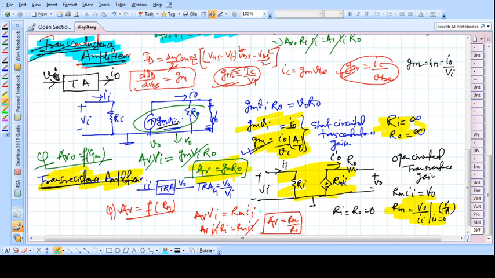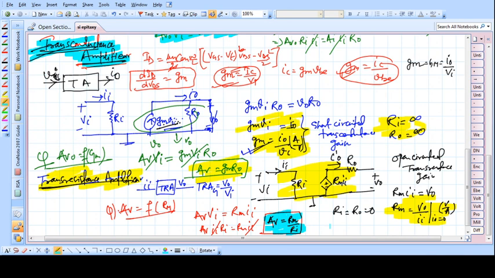This is very simple, you have to just practice it. We have already covered the voltage amplifier, current amplifier, transconductance and trans resistance. In the transconductance amplifier we have to remember Ic equals Gm Vb. So Gm is Ic by Vb, Ic is the output current and Vb is the input.